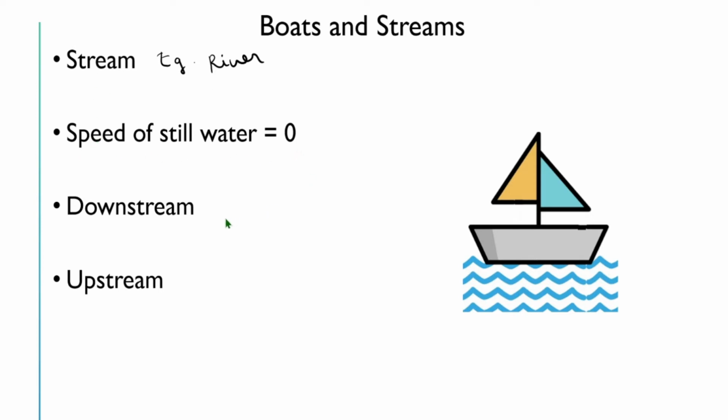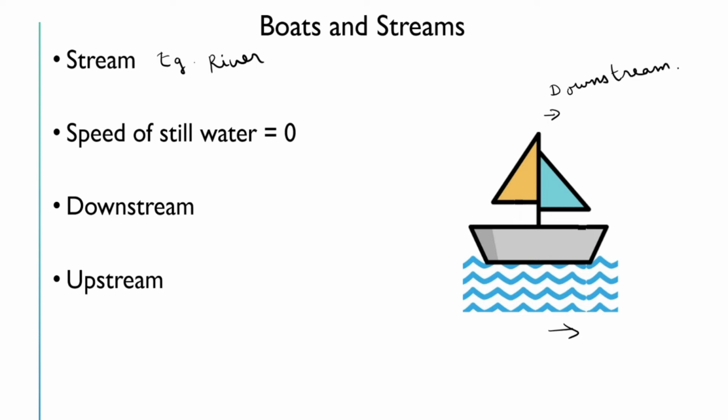Now we will consider downstream and upstream. So suppose the direction of stream is this. If the river is flowing along this direction and if the boat is also going along this direction, then we say the boat is going downstream.